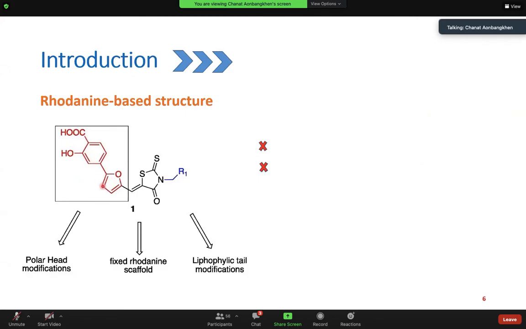The modification of the hydrophilic head here: we can only modify the carboxylic acid and the hydroxide, so we can exchange the position of these two. That is the modification of the hydrophilic head. The modification of the lipophilic tail is by using different derivatives.